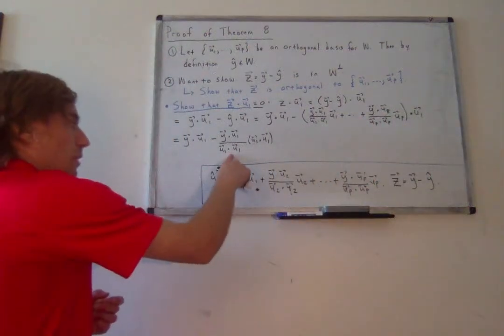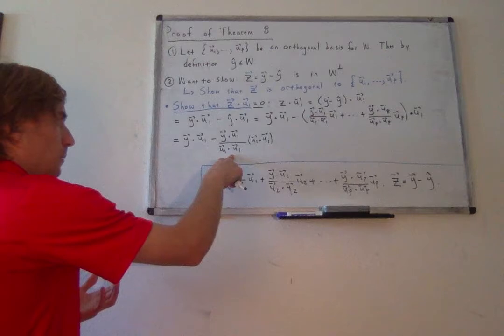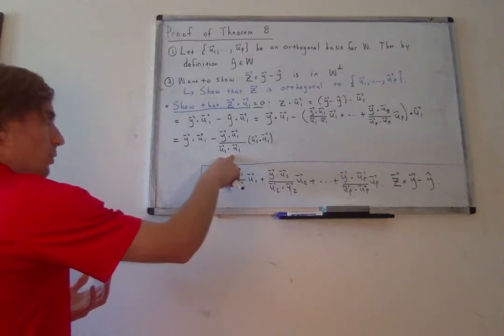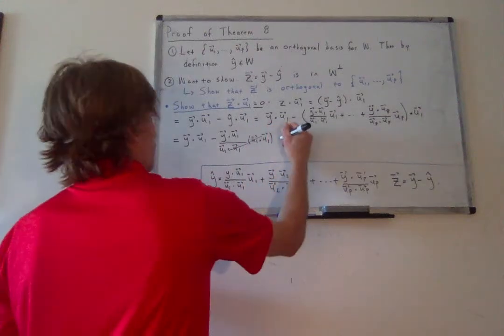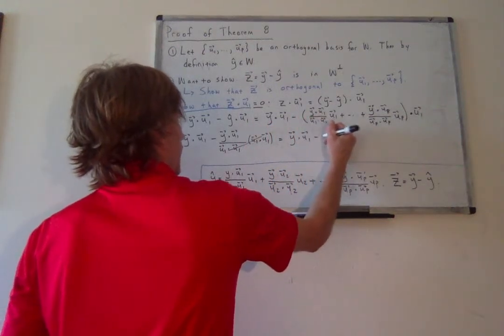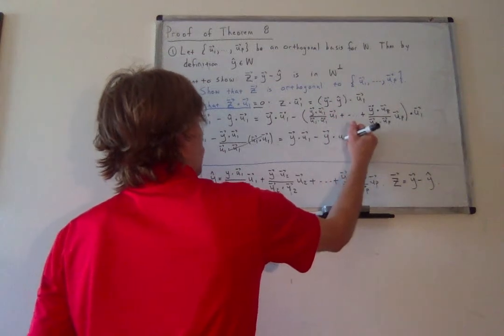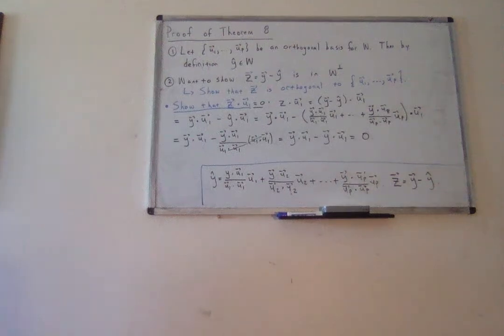So the only term that doesn't get zeroed out is this one. But now notice I've got u1 dot u1 over u1 dot u1, and so this is equal to y dot u1 minus y dot u1, and almost by magic, this is equal to 0.